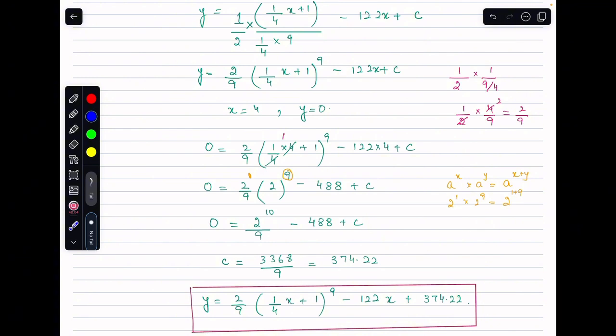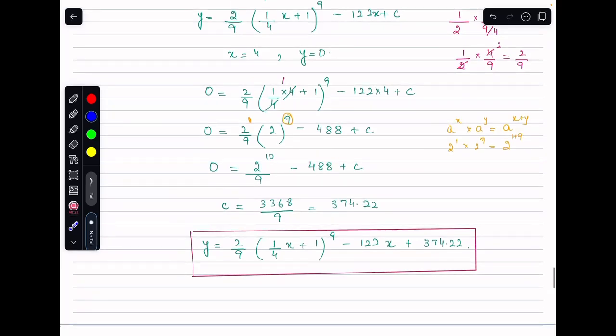In the same manner, for 2 to the power 1 into 2 to the power 9, this is 2 to the power 1 plus 9, giving me 2 to the power 10. So 0 then shall be equal to 2 to the power 10 divided by 9 minus 488 plus c.